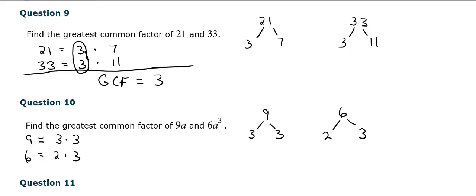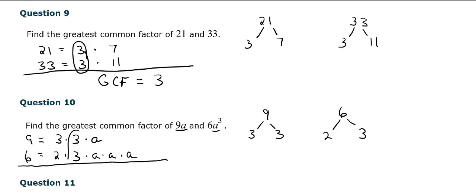Now, 9 has a factor of a, and 6 has a to the third. So I wrote down a 3 times. Now I'm comparing to see what they have in common.